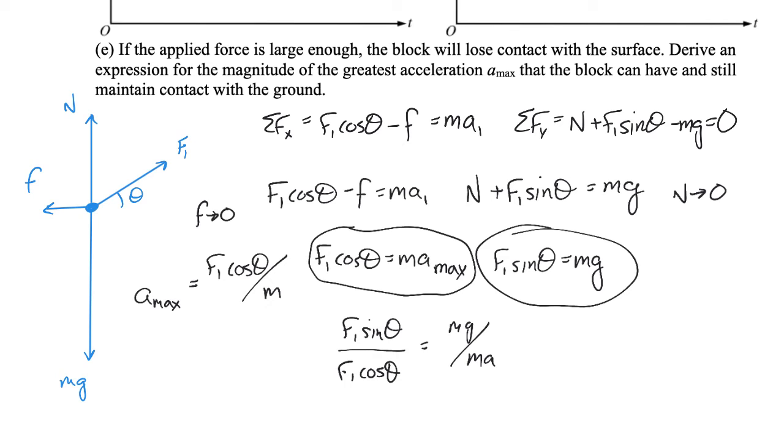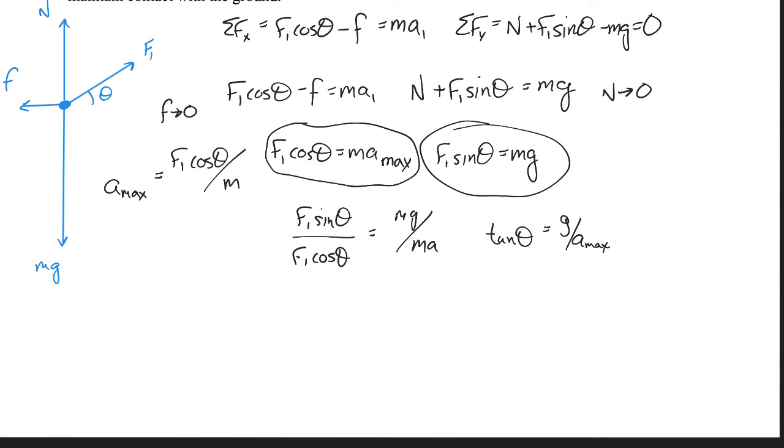I just divided both equations. And this gives us tangent theta equals g over a max. So solve this for a max, and you get a max equals g over tan theta, or g cotangent theta.